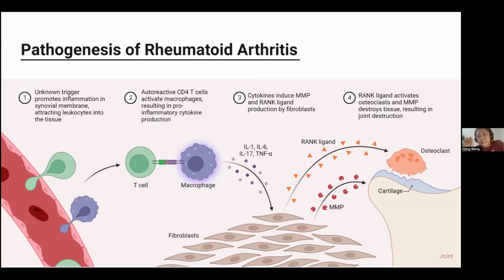RANK will cause the degeneration of bones, and MMP will cause the cells to migrate, and the cartilage will grow more.